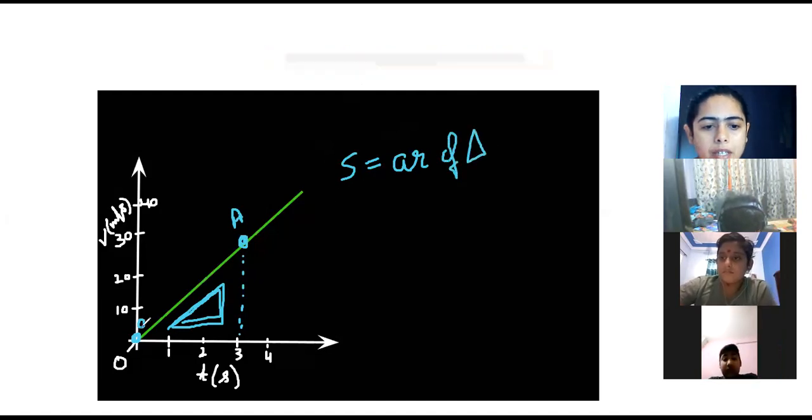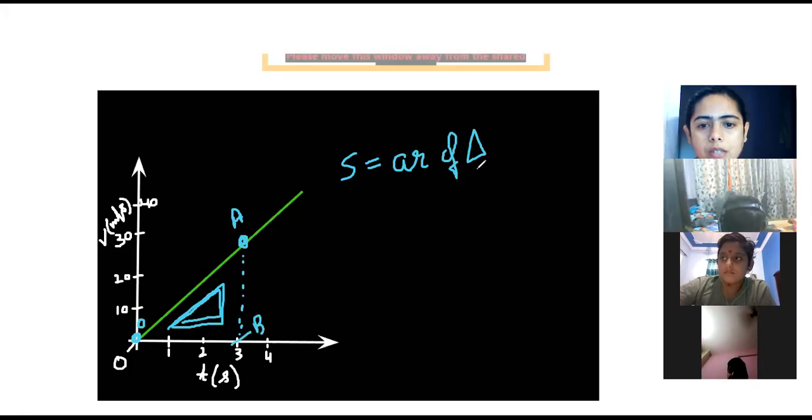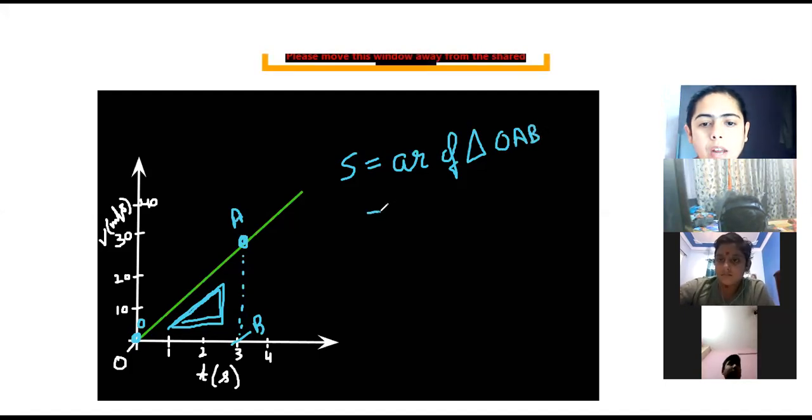Complete the name of the triangle. This is OA and here we can write it as B. So this is OAB. What is the formula of triangle's area? It is a right angle triangle, so this is half into base into height. Chale. Now the next work is yours. Go on.